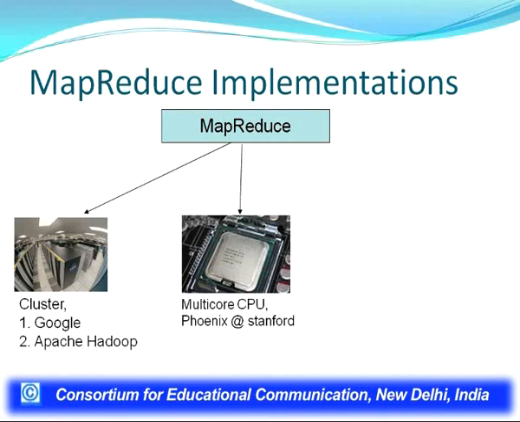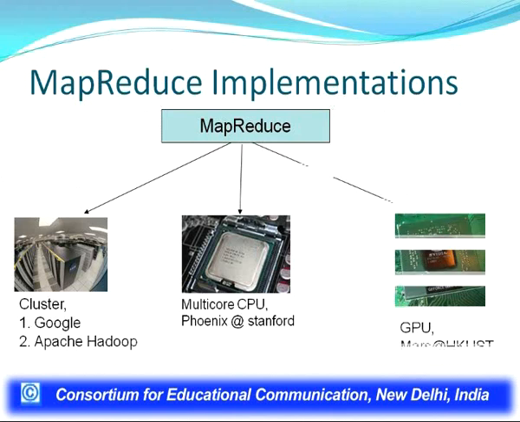Another, multi-core CPUs: Phoenix, which has been developed at Stanford, and GPU: Mars and HK host. So, these are different kinds of map reduce implementations: Google and Hadoop, the multi-core CPU Phoenix, and GPU Mars and HK host.